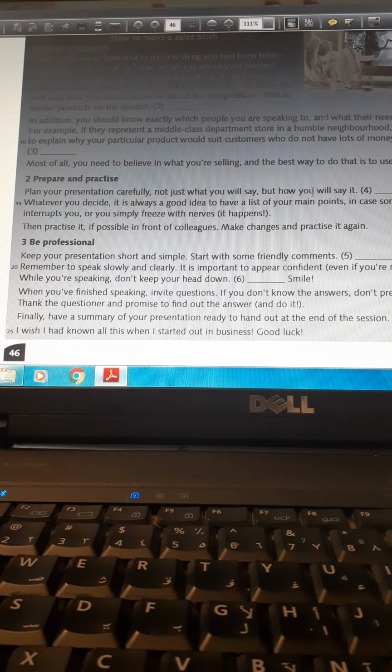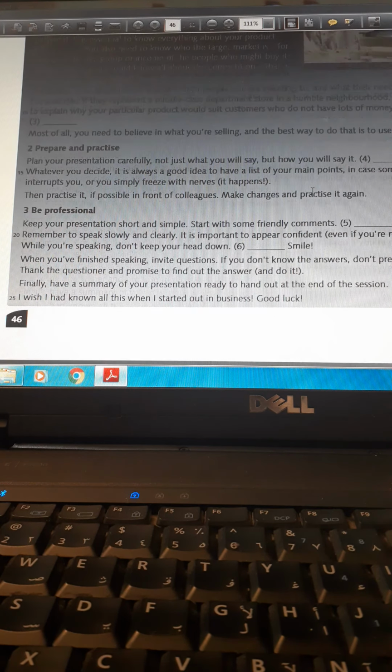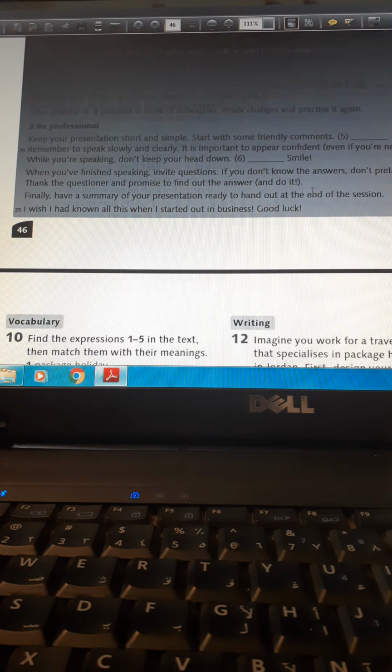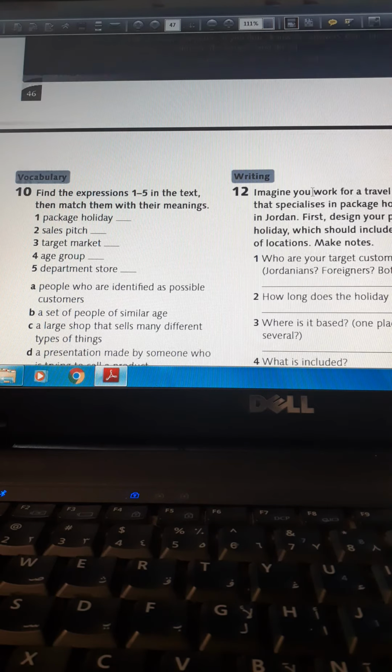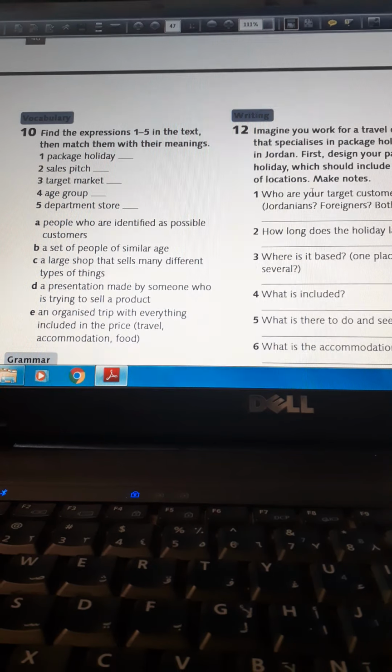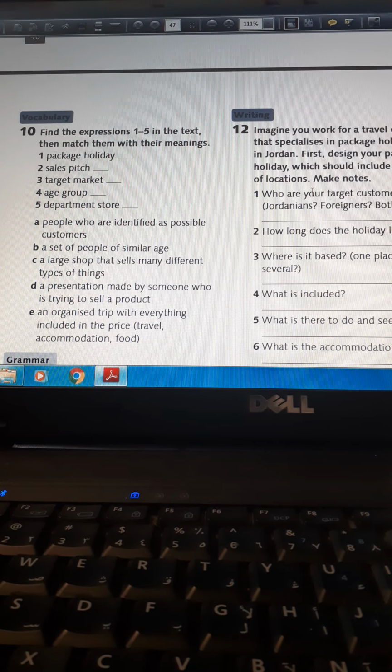Let's move on to page 47 and do the vocab practice. Question number 10, page 47 in your activity book. Find the expressions 1 to 5 in the text, then match them with their meanings.